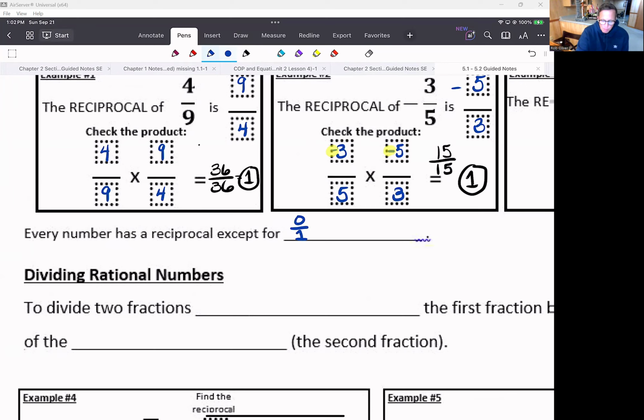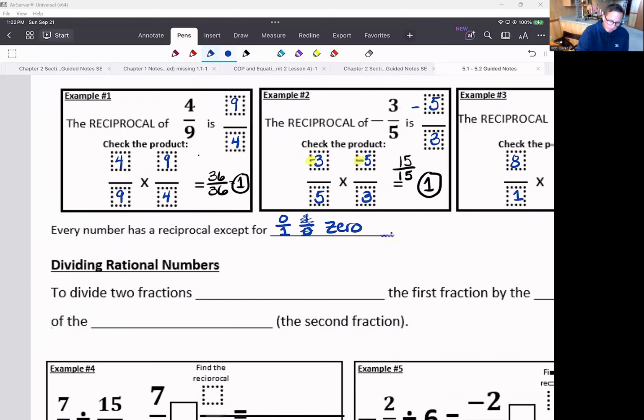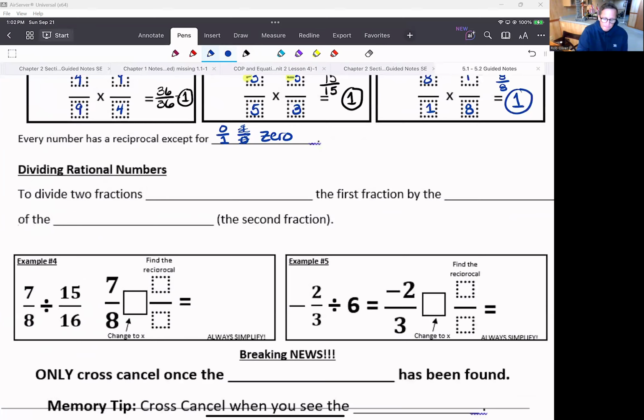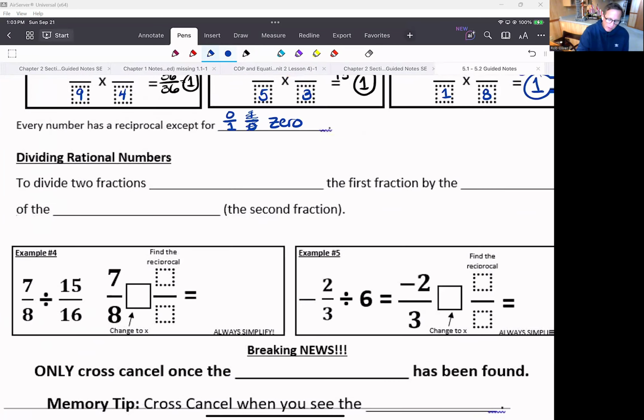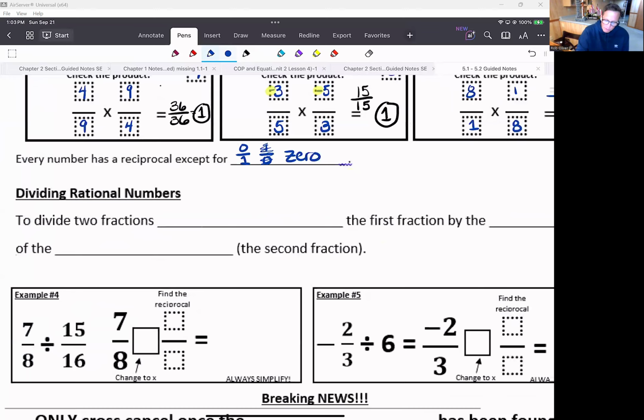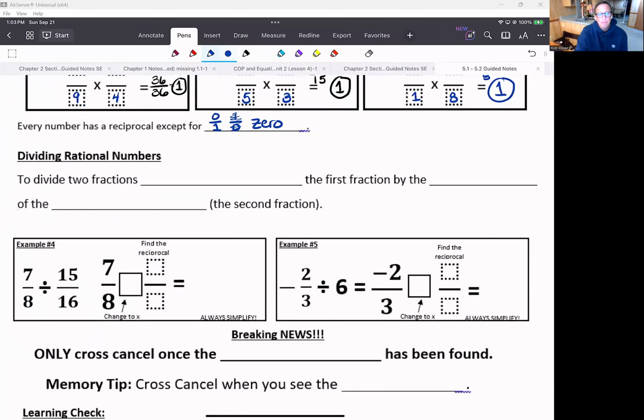But if you flip 0 over 1, you get 1 over 0, which is undefined. You can't really do that. So 0 would be it. I would say 1 has a reciprocal that is itself. Maybe that's why I was thinking it could be 1. I wrote these notes after all, so I should know.